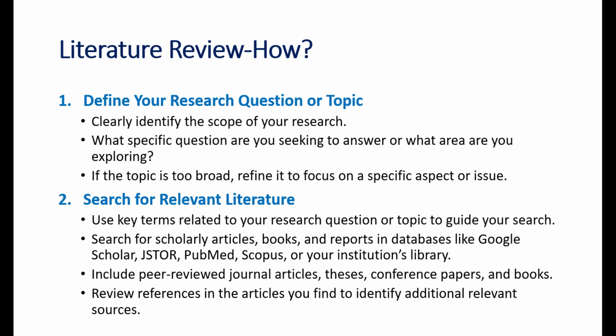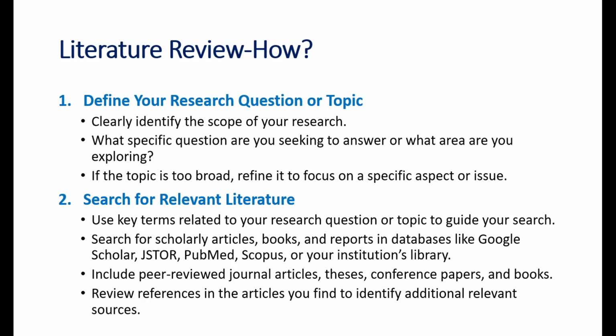Then, search for relevant literature using key terms, like I showed you on Google Scholar. That will lead you to research articles, books, and reports in databases like Google Scholar, PubMed, Scopus, or your institution's library, or any other website.